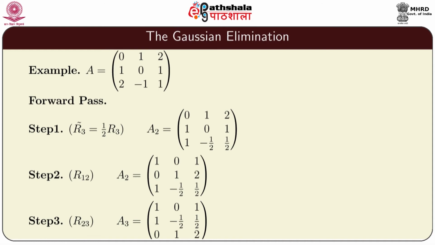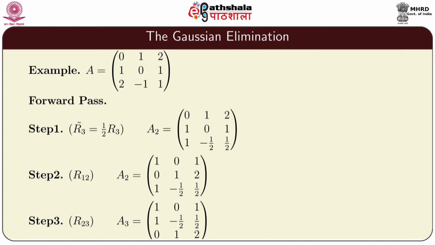How do we do that? So that means we have to change the third row. That can be done again by applying the elementary row operation of the third kind. So R3 tilde is the new third row, which can be achieved by adding R2 and R3.